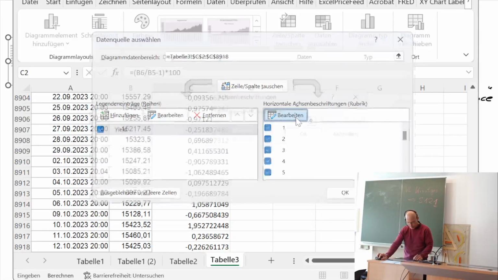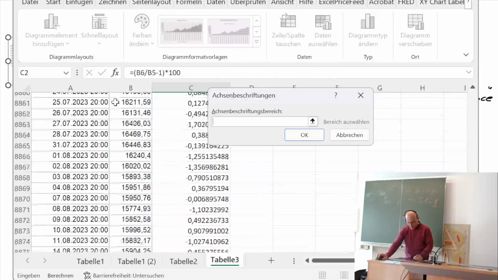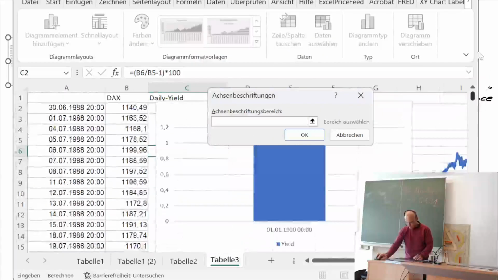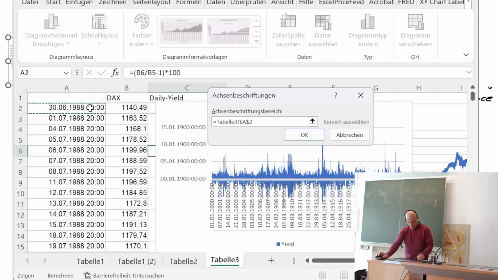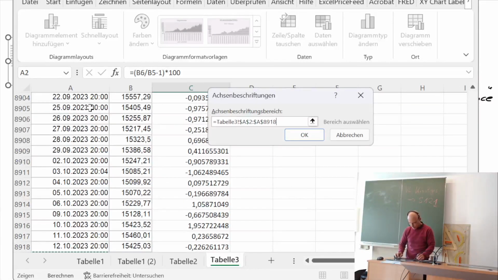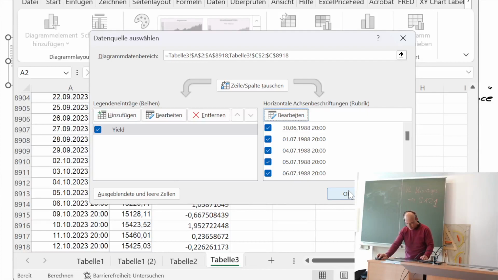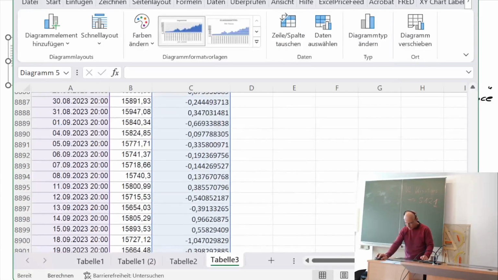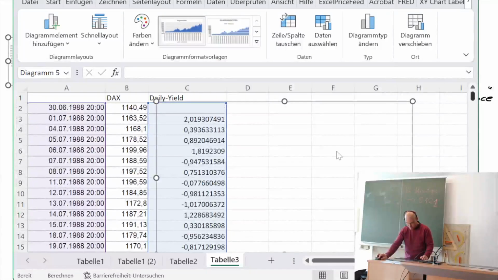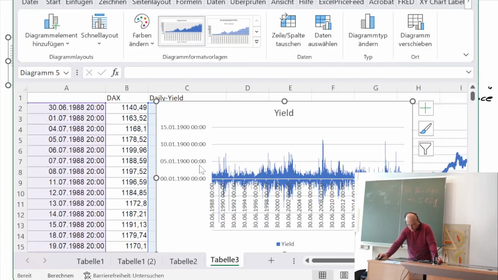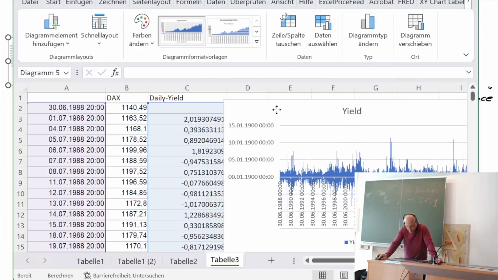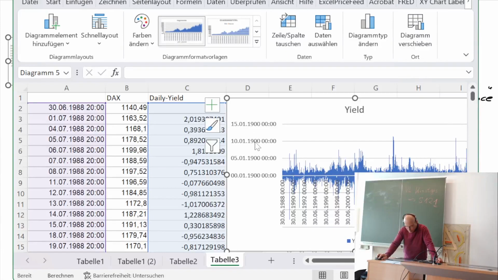Okay, and on the horizontal axis, the dates. Why is this?